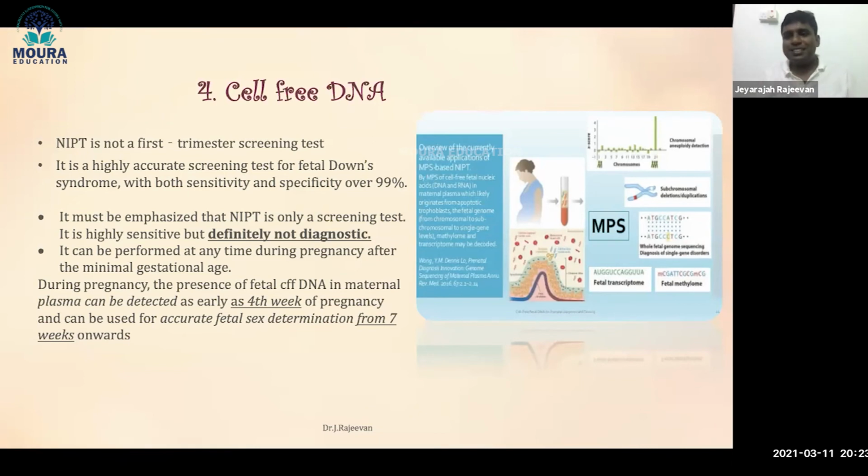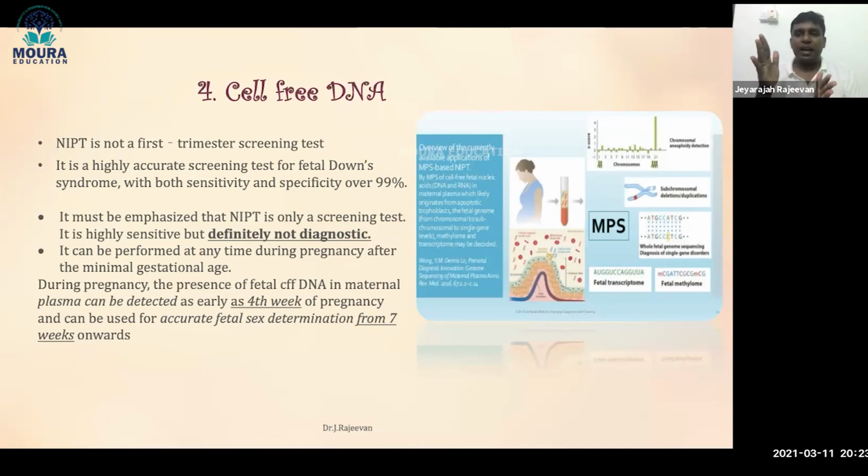So if you check the free DNA in my blood, will you get free DNA? Yes, because a lot of cells are degrading all the time and free DNA is released into the bloodstream. The same thing will happen to the mother. Mother will have free DNA of her body.